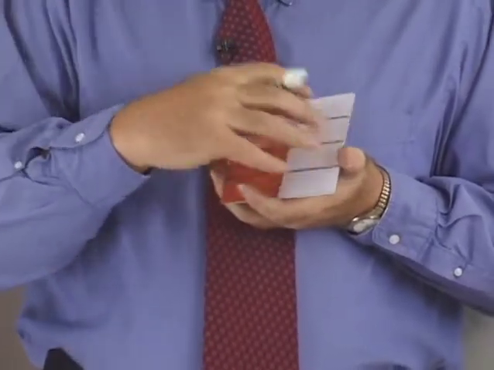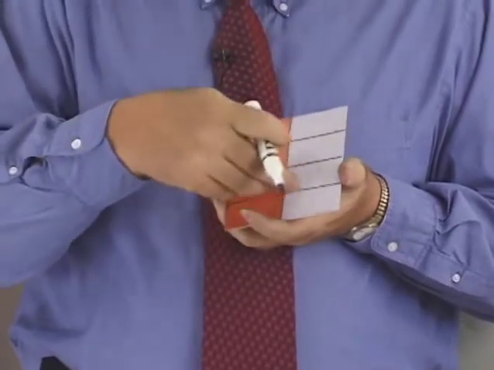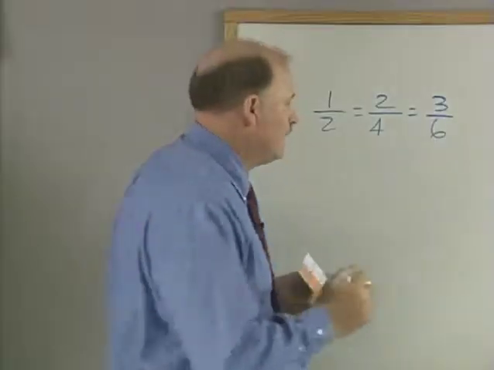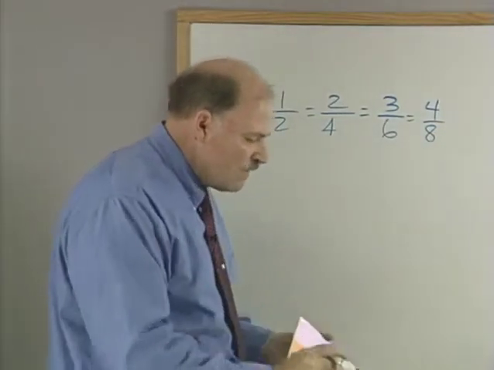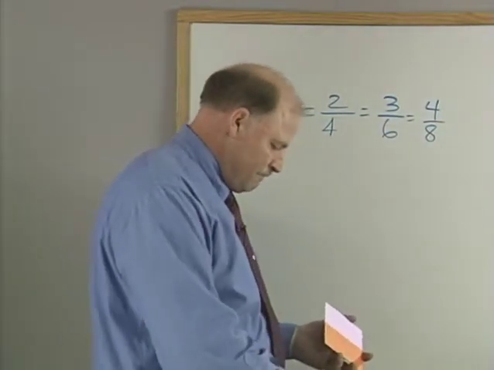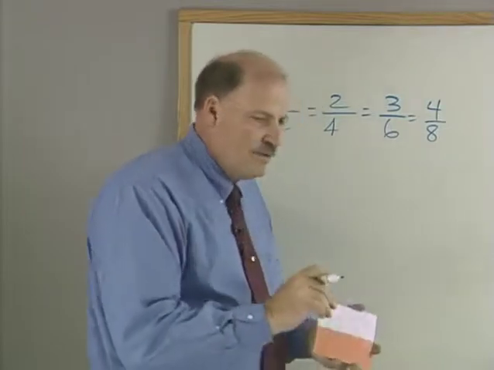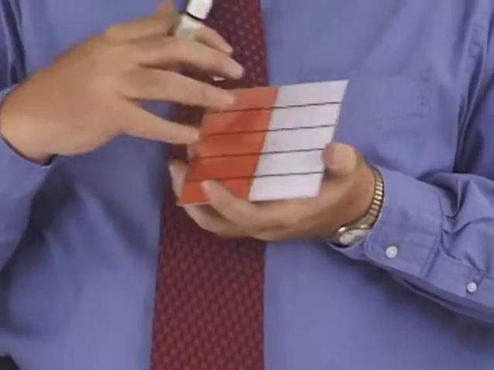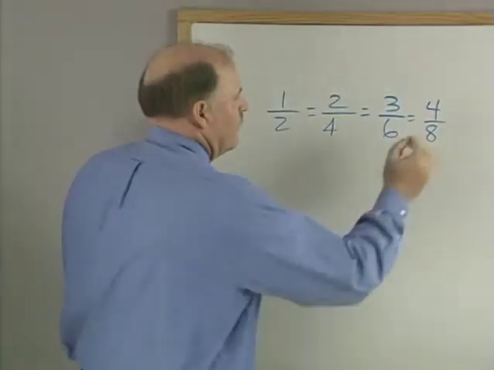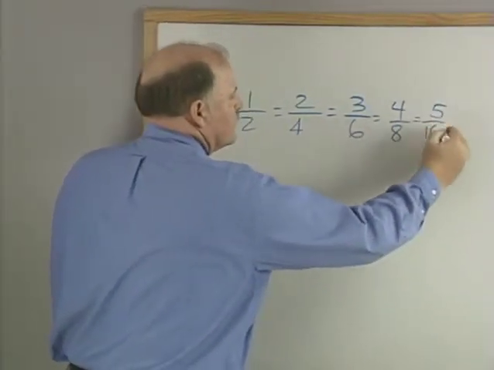We could count 4, 8, or 2, 4, 6, 8. And we have 4 that are colored. And take your 5 overlay and put that one on top. 5 times 10. You already know the answer, huh? So it's 5/10, or there are 5 colored and 10 total pieces.